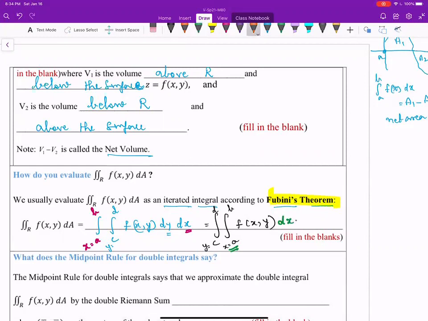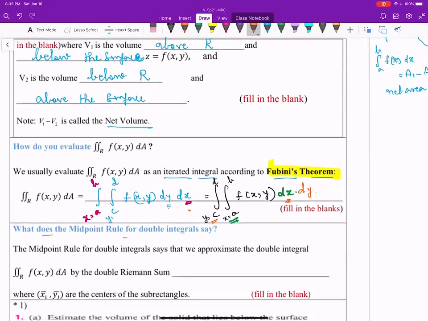And the outer integral is with respect to y, so that will be dy. When the surface is defined over a rectangle, the problem is kind of simpler. So you can actually switch x and y, with respect to y first and then with respect to x, or with respect to x first and then with respect to y. Either way you can do, but you have to be careful with the limits.